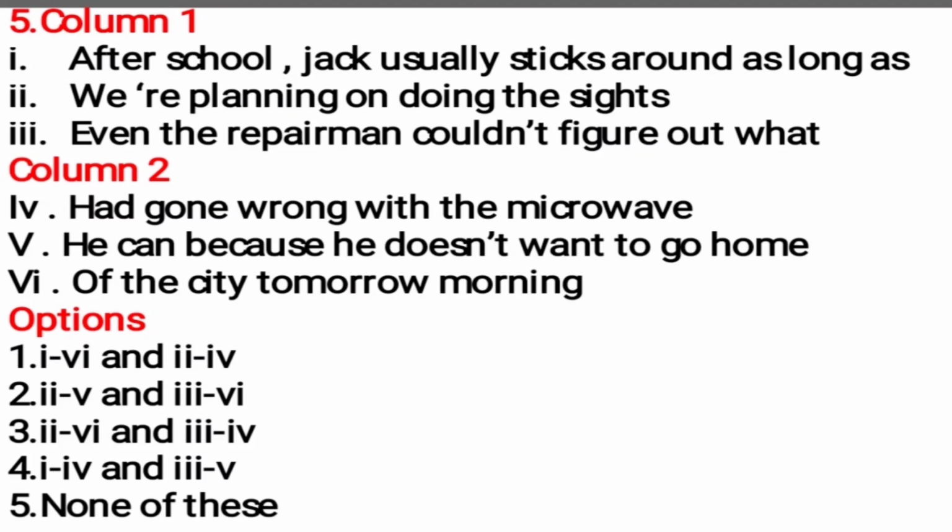Okay, it is in third option. So again third option, one more thing is there, and before it is second and sixth. You have to see second, we are planning on doing the sites. Okay, third option, first column second one, and after that sixth one, of the city tomorrow morning. So it fits actually. So you have to choose the third one.